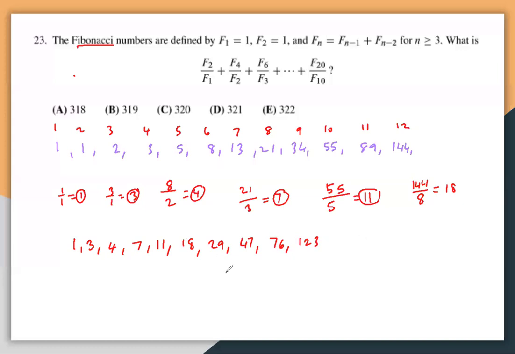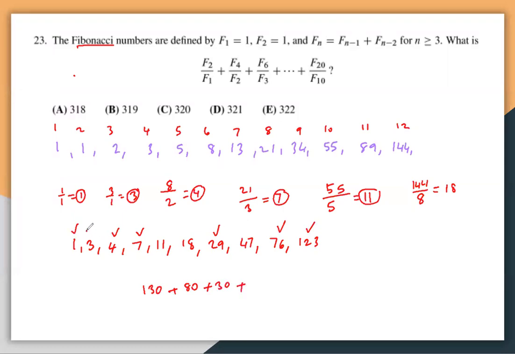Now we just need to add these numbers, because these choices are really close to each other, so we want to be careful. If you add this by this, that's 130. If you add this by this, that should be 80. Then I can add this by this, that should be another 30.